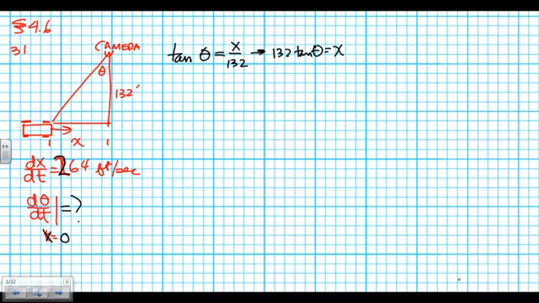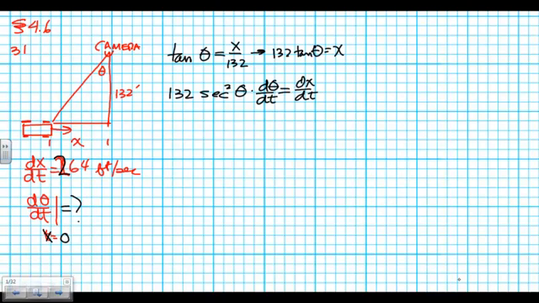Now again, we want to suppress the urge to put 0 in for x right now. We'll do that after we take the derivative. So what is the derivative of 132 tangent theta? 132 secant squared theta, perfect. Chain rule, d theta dt. And what's it equal to on the other side? dx dt. Take the derivative of both sides of the equation with respect to t.